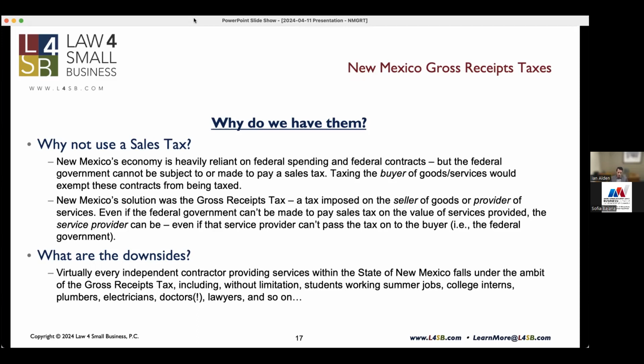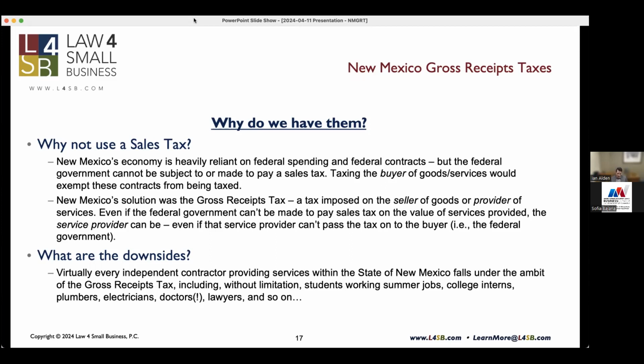So their solution was the gross receipts tax, which is a tax imposed on the seller of goods or services. So if you've got a bunch of people providing services to the federal government in the state of New Mexico, even if those sellers cannot pass the tax on to the federal government, they're still responsible for paying said tax to New Mexico.